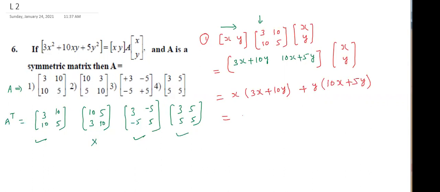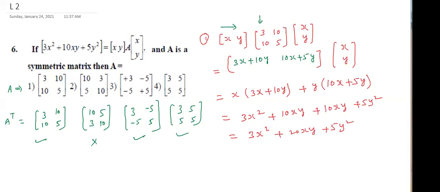Multiply these two, 3x square plus 10xy plus 10xy plus 5y square. Overall answer, how much we are getting? 3x square plus 20xy plus 5y square.